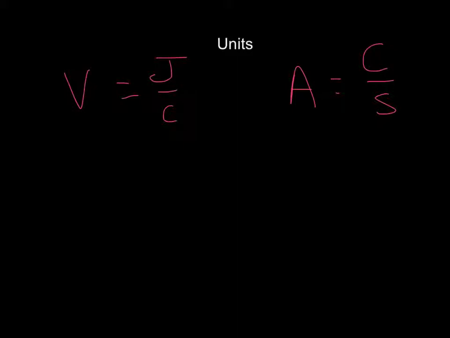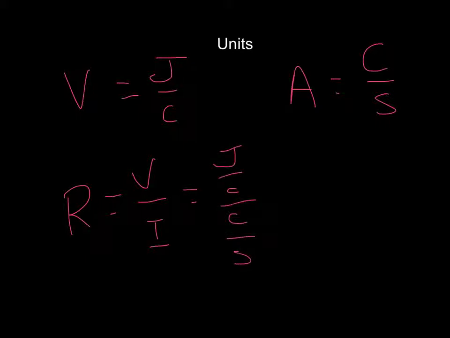Okay, now we're going to talk about the units involved in this. Voltage has units of joules per coulomb. That's what we call a volt. For current, amps is coulombs per second. So now, if I put those together and say R is equal to V divided by I, I get joules over coulombs over seconds.